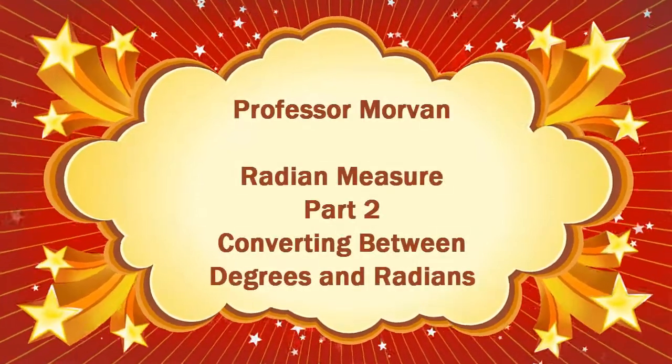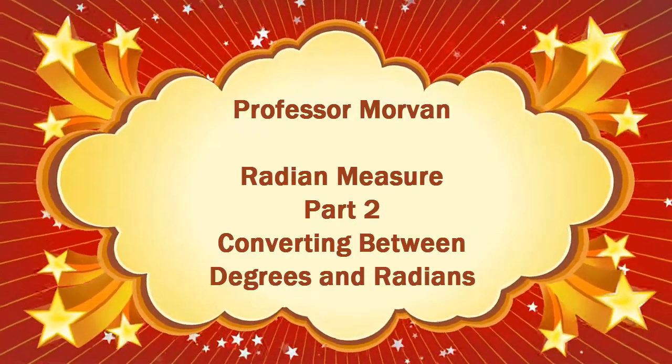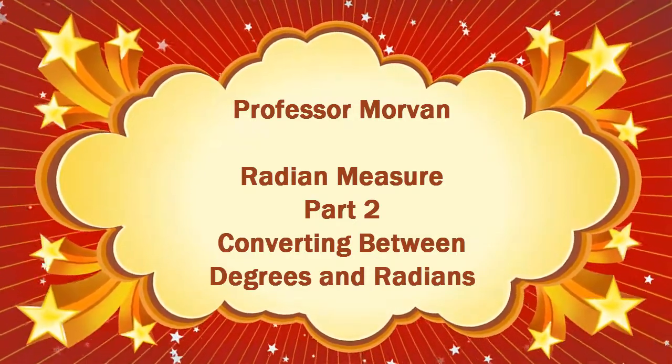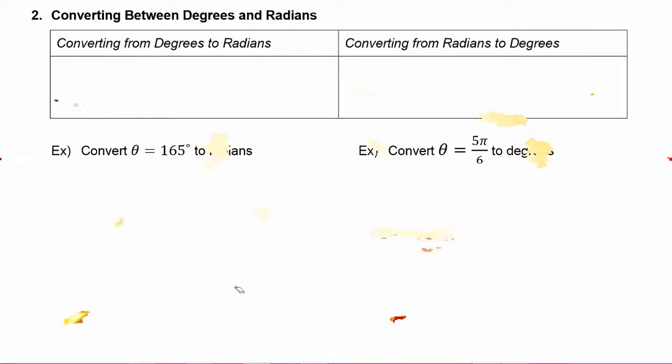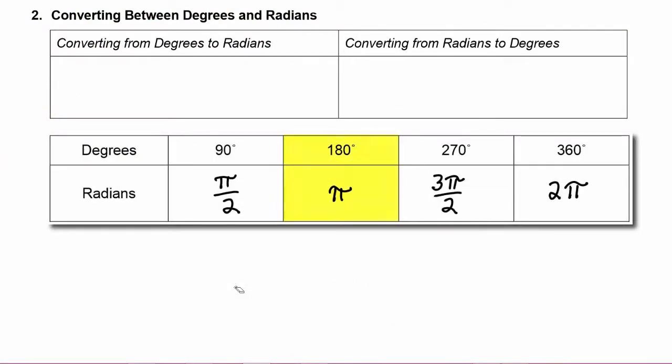In part 2 of our lesson on radian measure, you're going to learn about converting between degrees and radians. Now in part 1, we learned that 180 degrees was equivalent to pi in the radian measurement system.